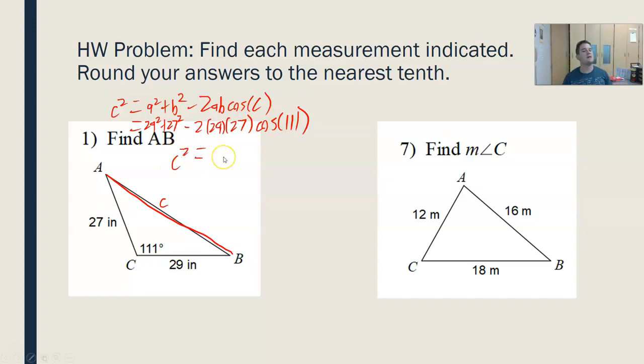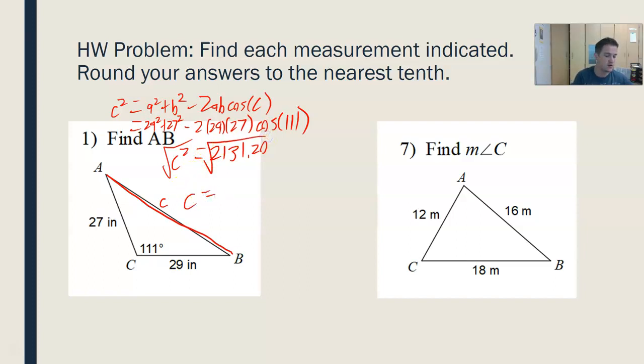So again, all of that I'm just going to type straight into my calculator. 29 squared plus 27 squared minus 2 parentheses 29 parentheses 27 times cosine of 111. I get c squared is equal to 2131.20. Then to find c, I need to square root both sides.